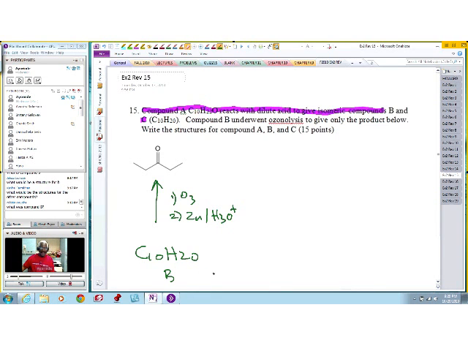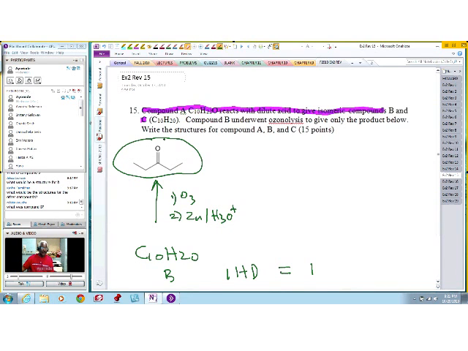If you do your index of hydrogen deficiency, IHD, for this molecule here, you will find that it is 1. So what does that mean? It means that you have a double bond or a ring. Now they tell you compound B reacts with ozone to give only this here.